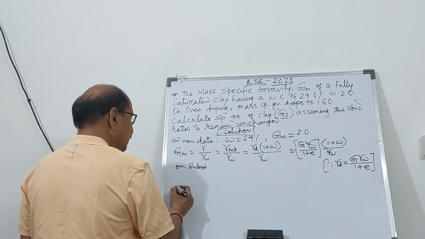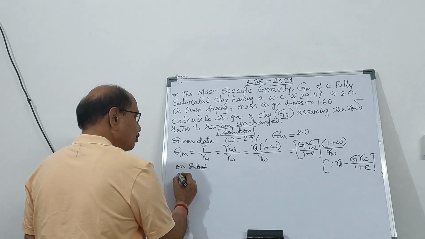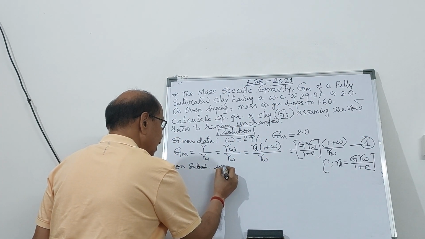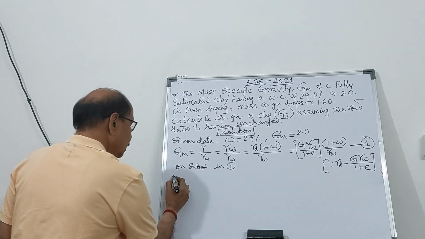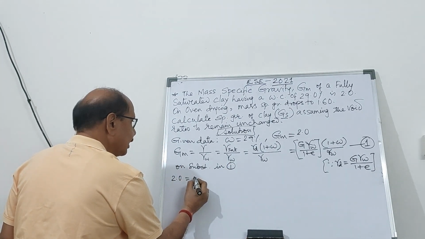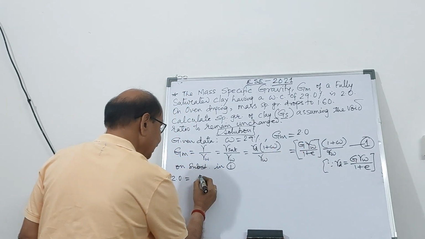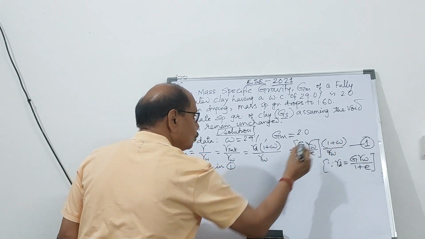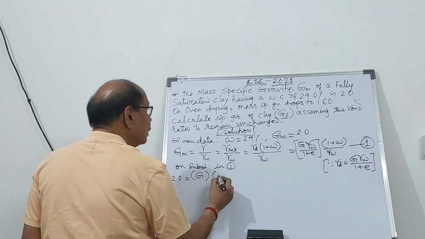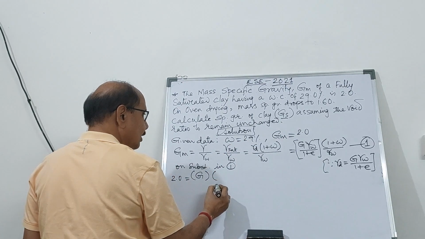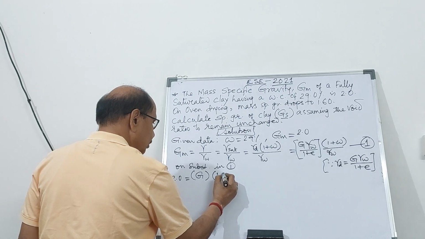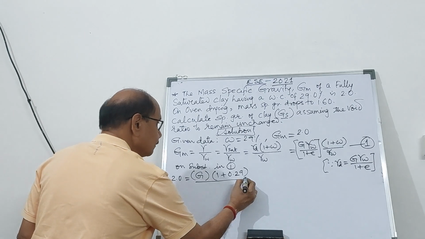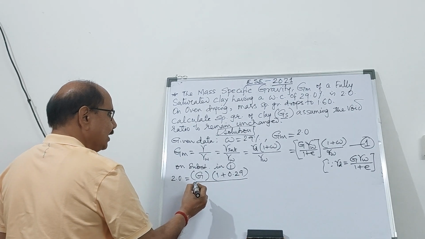On substitution of all the data, G_m is 2, the given data. Finally you get G, which you have to find, times (1 plus w), with moisture content 0.29, so 1 plus 0.29, divided by 1 plus e.